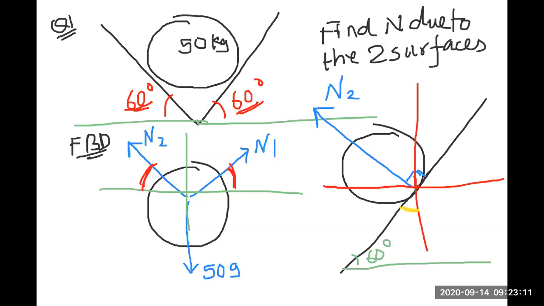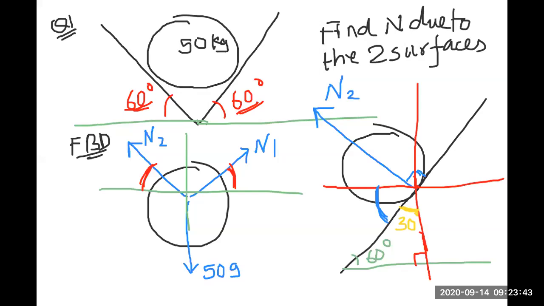Remember that this red line is vertical and the green line is horizontal. So this is 90 degrees. Yeah. So this yellow angle must be equal to 30 degrees. Right? Okay. If this yellow angle is 30 degrees, then what can you tell me about this blue angle?